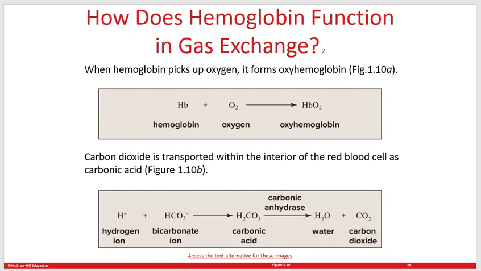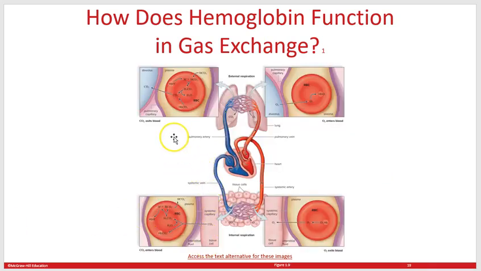Well, hemoglobin picks up oxygen and it forms this thing called oxyhemoglobin. So hemoglobin plus oxygen is oxyhemoglobin. Carbon dioxide is transported within the interior of red blood cells as carbonic acid. And I think we saw that here. So we see some carbonic, well, maybe I'll zoom this in.